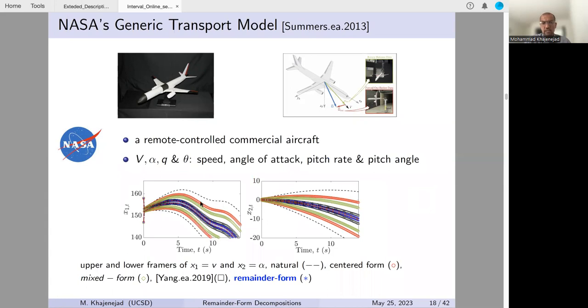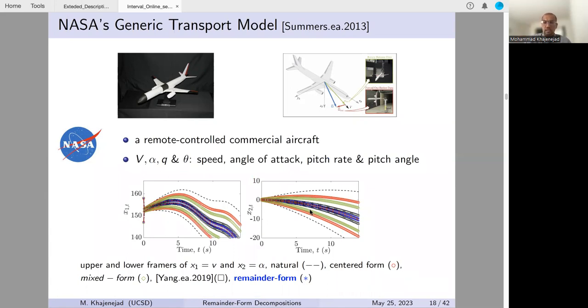And as you can see now, the reachable tube produced by these remainder form decomposition functions is tighter than the ones obtained using other tractable approaches.